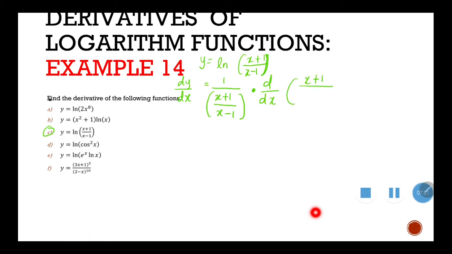So for this question, it is x plus 1 over x minus 1. So this part here is sort of settled already. So we have to do the d/dx for this part here. Looking at this kind of equation, what comes into your mind? How can we solve this? Okay, whenever you come across this fraction, numerator denominator kind of question, you should use the quotient rule.